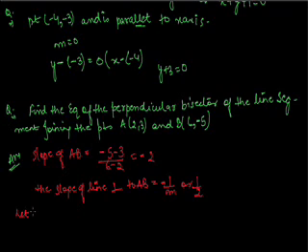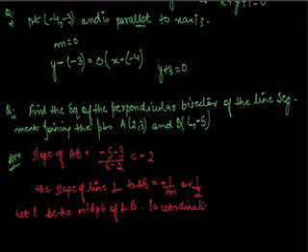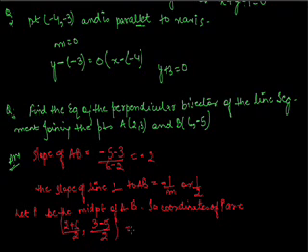Now let P be the midpoint of AB. So the coordinates of P are ((2 plus 6) by 2, (3 minus 5) by 2), that is (x1 plus x2) by 2 and (y1 plus y2) by 2, which is equal to (4, -1).